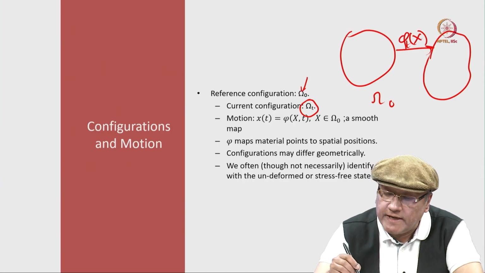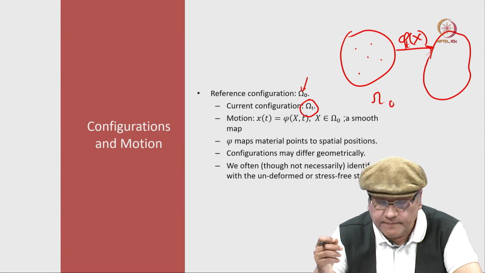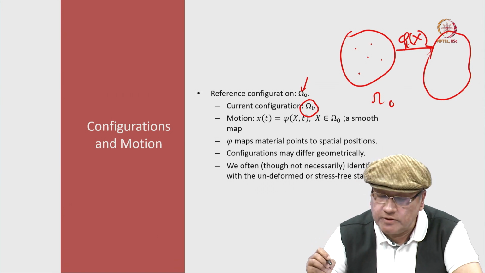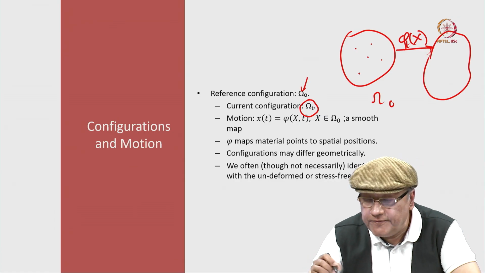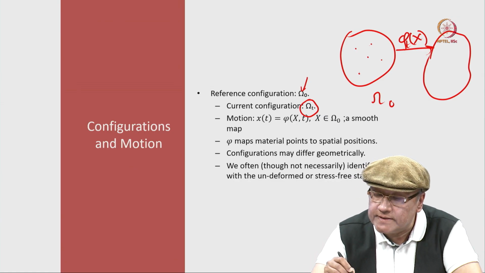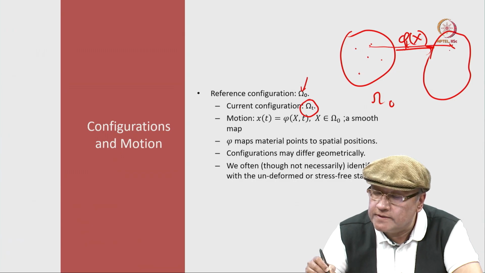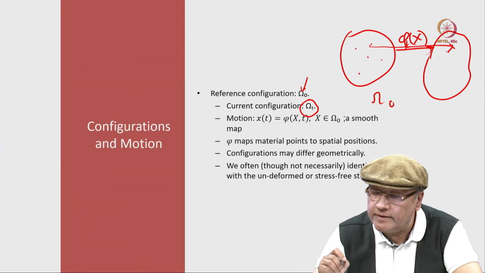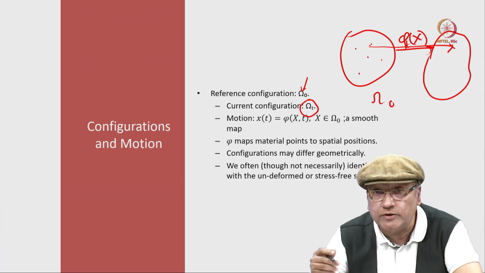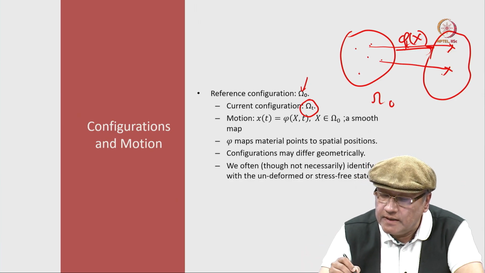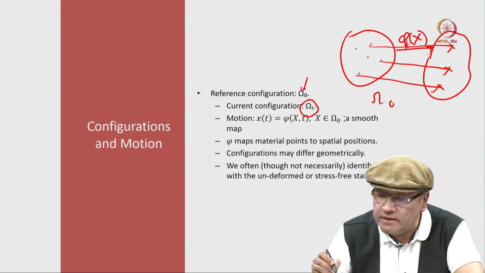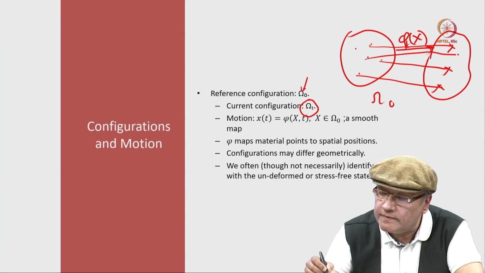You see, if you take a few points here in the material body or in the reference configuration, you get as the image of phi the corresponding point, it is the displaced point or the deformed point. You get another here, right, corresponding to each one of these you get 1 point, right.